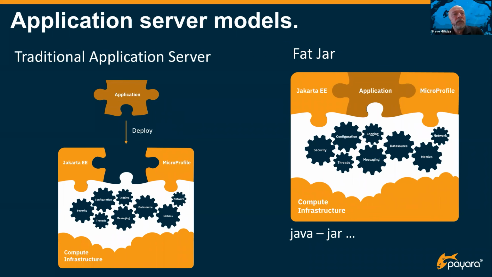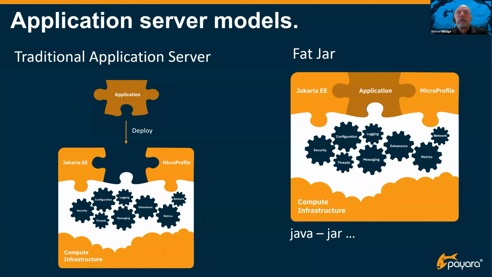But then there's another model which is evolving at the moment, or has been around for a while, which is a fat jar. In this model, we take our application and package it up tightly with our managed runtime. Then we can run it through java -jar, and that will run our application and bootstrap the runtime at the same time. This is very, very similar, to be honest, to a traditional application server.